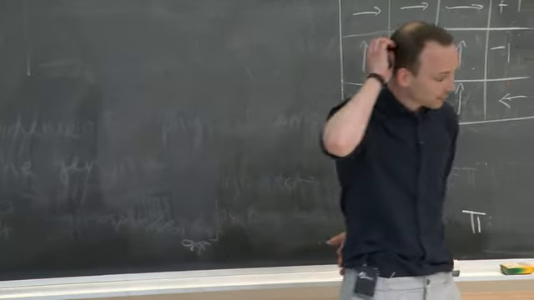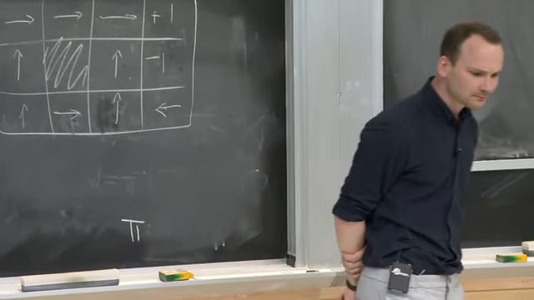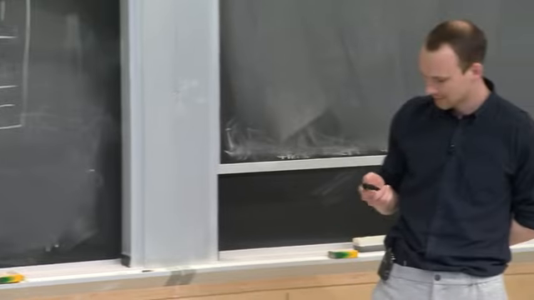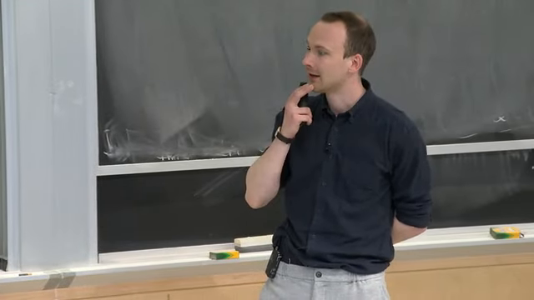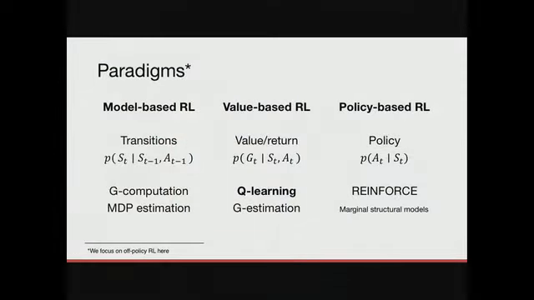So we'll move into reinforcement learning now. And what I had you do on the last slide, well, I don't know which method you used, but most likely the middle one. There are 3 very common paradigms for reinforcement learning. And they are essentially divided by what they focus on modeling.